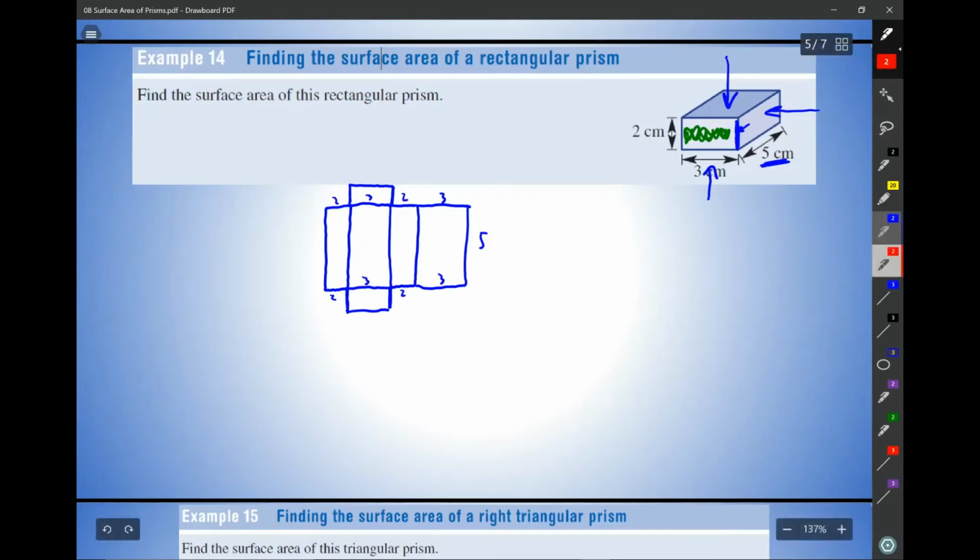And it's important to note that the 2 centimeter side is this one and this one. And the 3 centimeter sides are all of these. So now I'm going to go around in purple and number each of our shapes here.